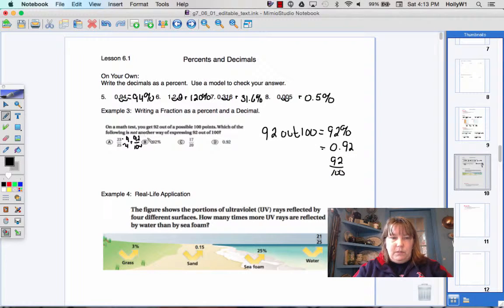We say 92 hundredths, 92%, that's that one. C is 17 twentieths. Now, if I multiply both of these by 5, 17 times 5 is 85. Well, that's 85 out of 100, so it's not C. Let's just check this for sure, and yep, those are equal, so it's not C.